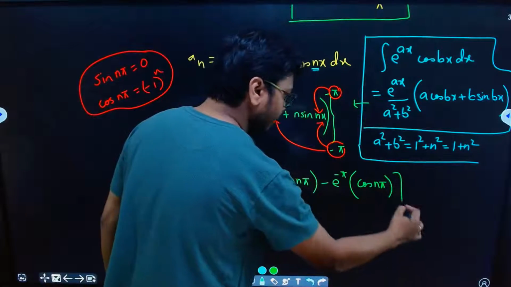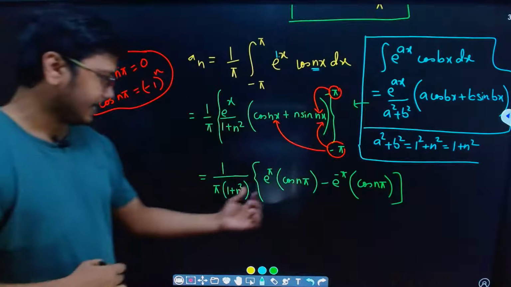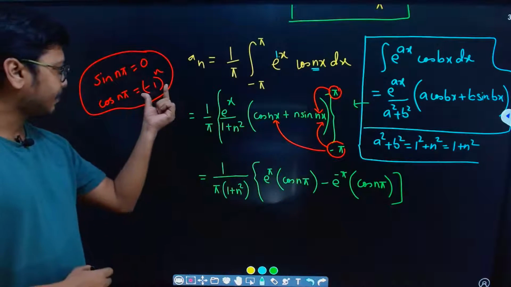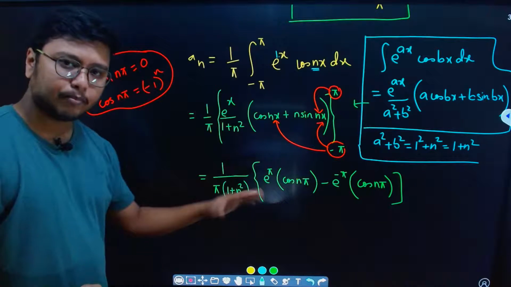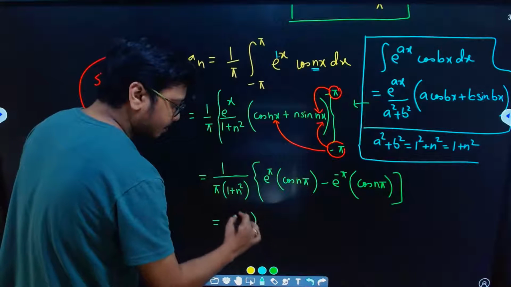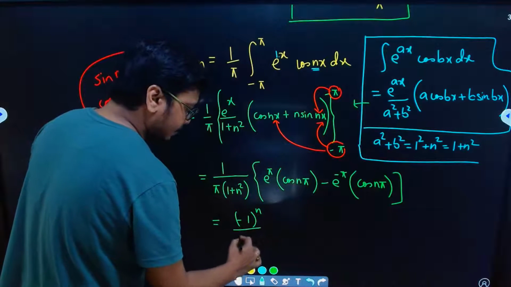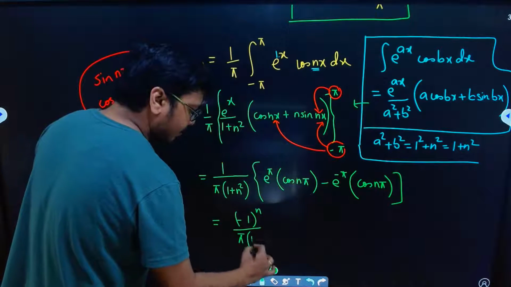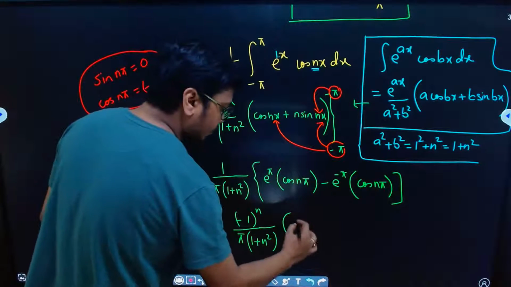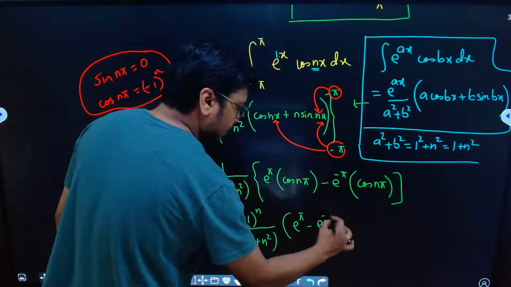So I can take cos n pi common, and the value of cos n pi is minus 1 to the power n. So taking cos n pi common, minus 1 to the power n by pi times 1 plus n square, and I am having e to the power pi minus e to the power minus pi.